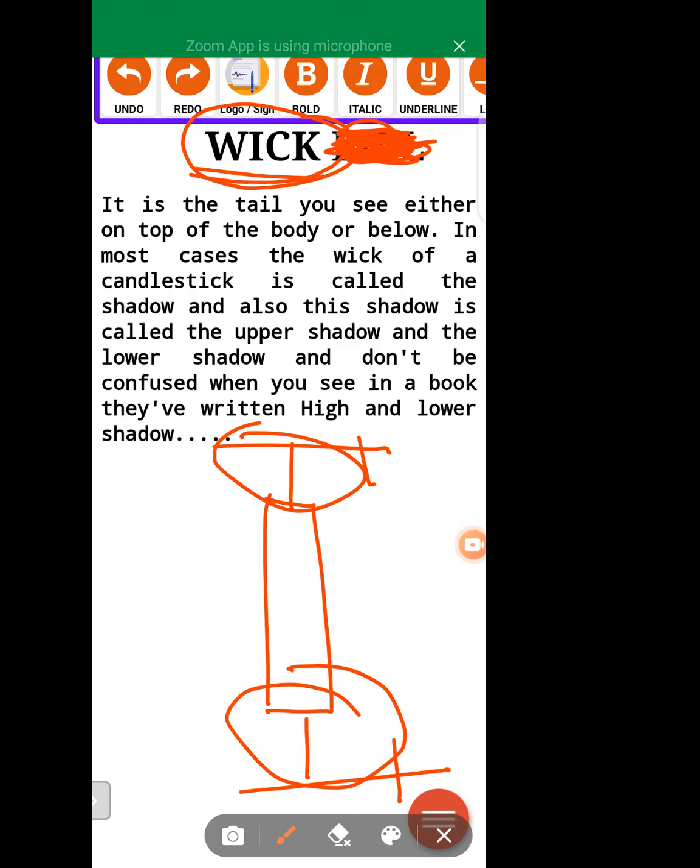So we have what is called the upper shadow and the lower shadow. So don't be confused too. In some books too, they don't write the shadow, they just write the high and the low.